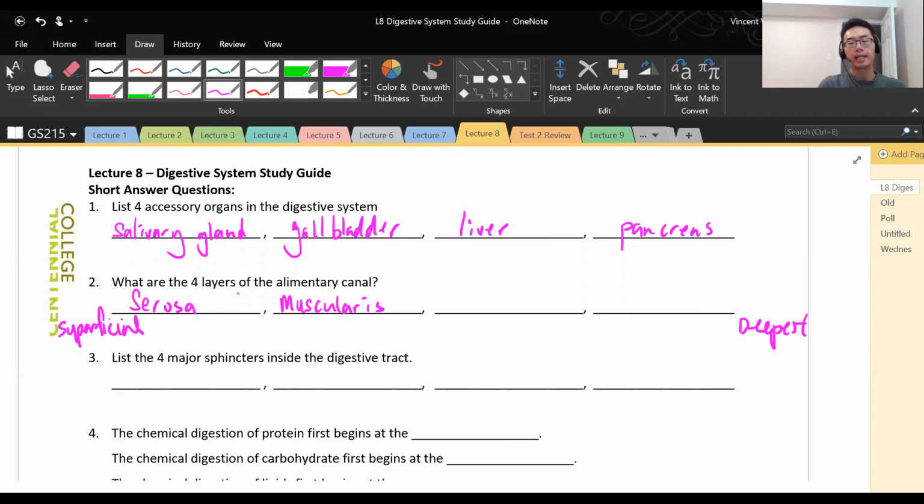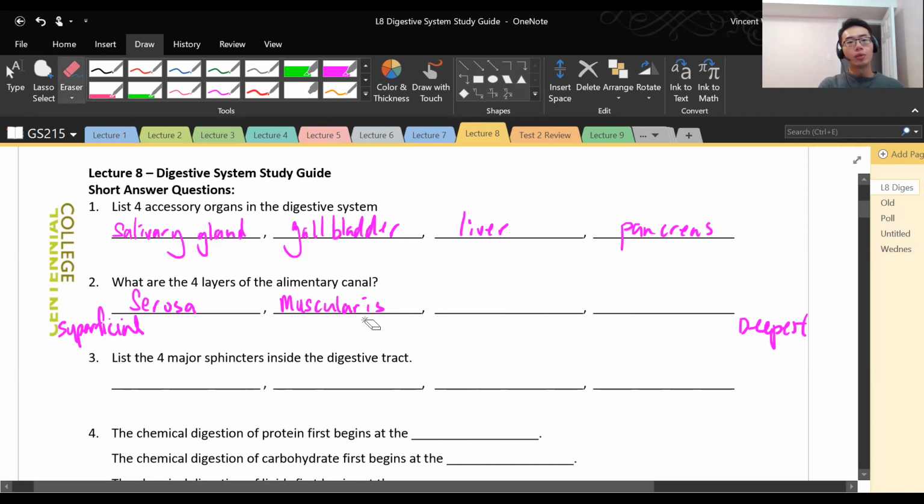Remember, the parasympathetic system is most active when you are relaxed, when you are in a low stress state. So under those circumstances, it's a good time to digest your food. So your muscularis layer is going to be most active.